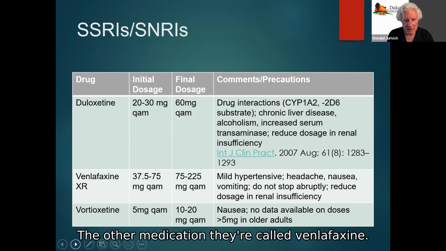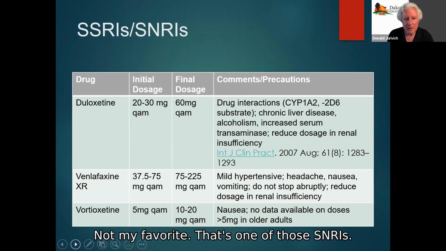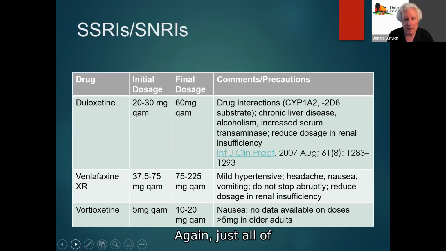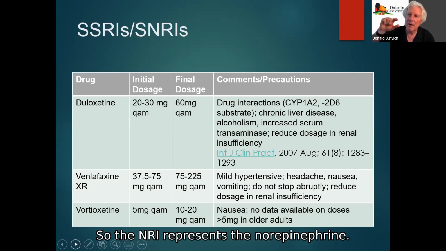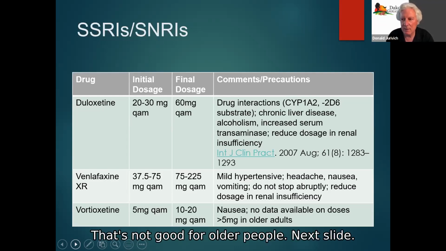The other medication there, venlafaxine, is not my favorite. That's one of those SNRIs. And all of those additional medications are in that class of SNRIs. The NRI represents norepinephrine, and that's not good for older people. Okay, next slide.